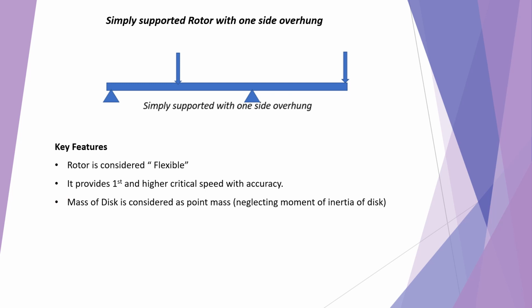Another assumption is that the moment of inertia of the disk is not considered. That means the mass of the disk is considered as a point mass. With those assumptions, we'll see how we can calculate the critical speed of the rotor.